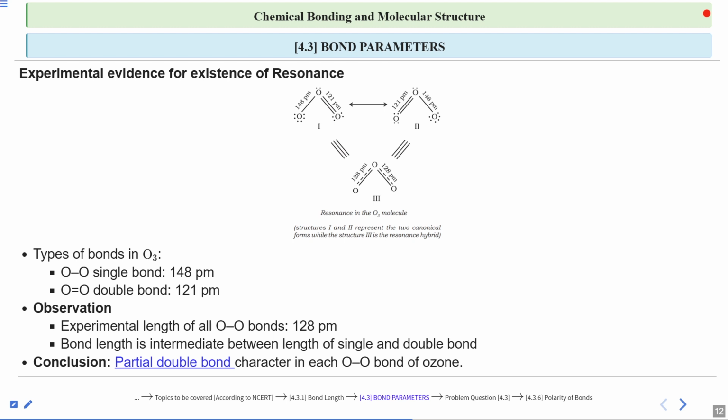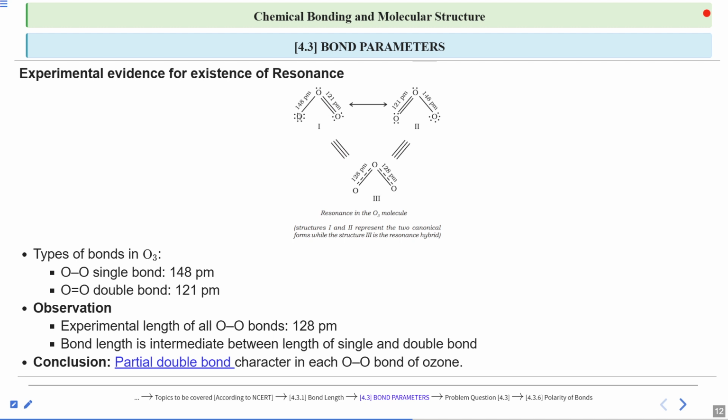We have seen the relation between the bond order and your bond length. What we have seen there is that bond order is inversely proportional to the bond length. So greater is the bond order, smaller is the bond length. You can see here in the 148 picometer part, if you take the single bond, then it has a bond order of 1. I am not telling it for this molecule, so do not get confused.